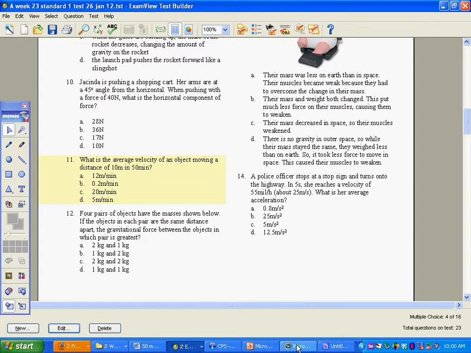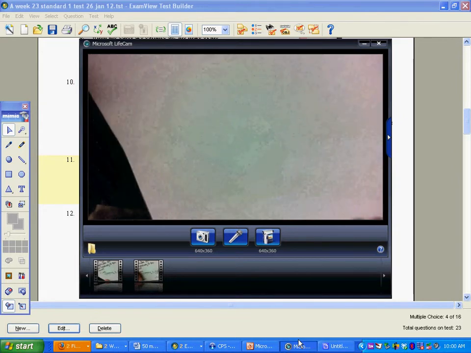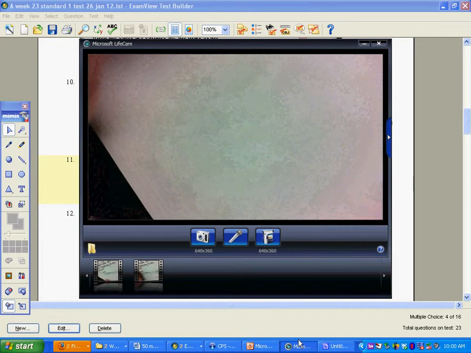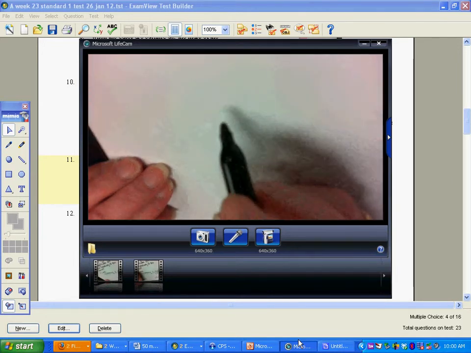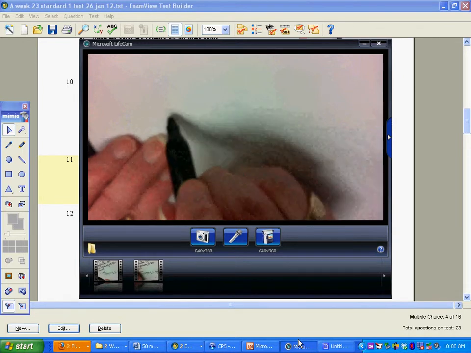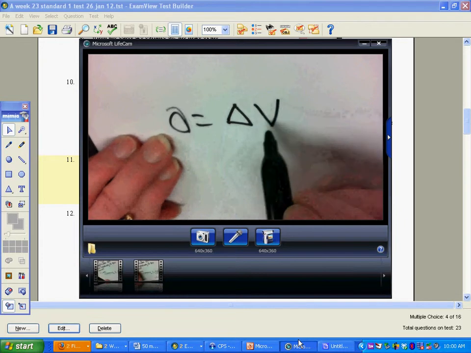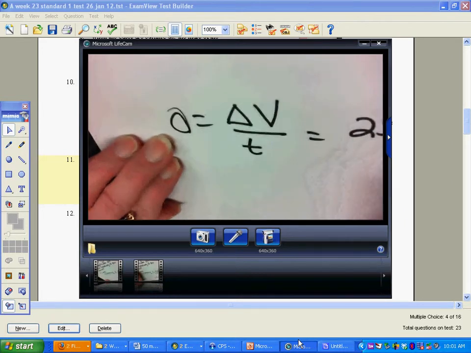Now, when I gave y'all this question for a little quiz, what was your answer? It was 12.5. But what's something that I do a lot of times whenever I'm giving tests or even different versions of a test? Change my numbers. So my acceleration is my change in velocity over my time. And in this case, it was 25 meters per second divided by 5 seconds.